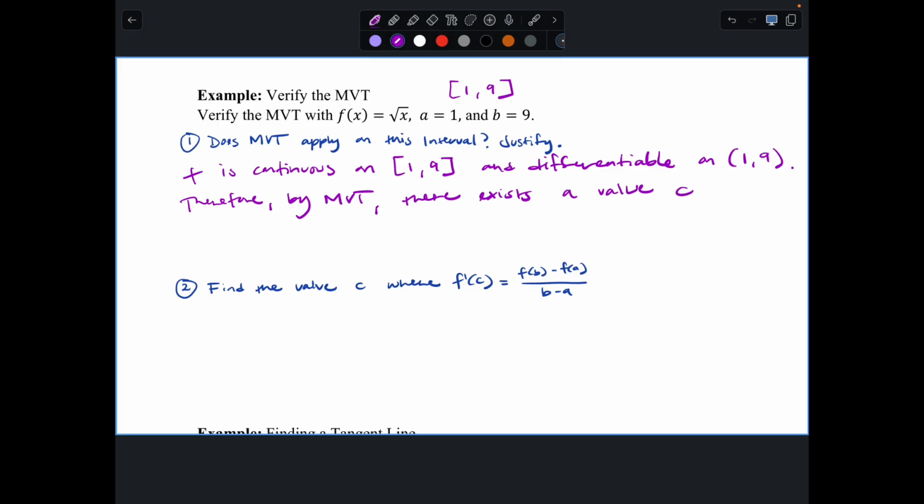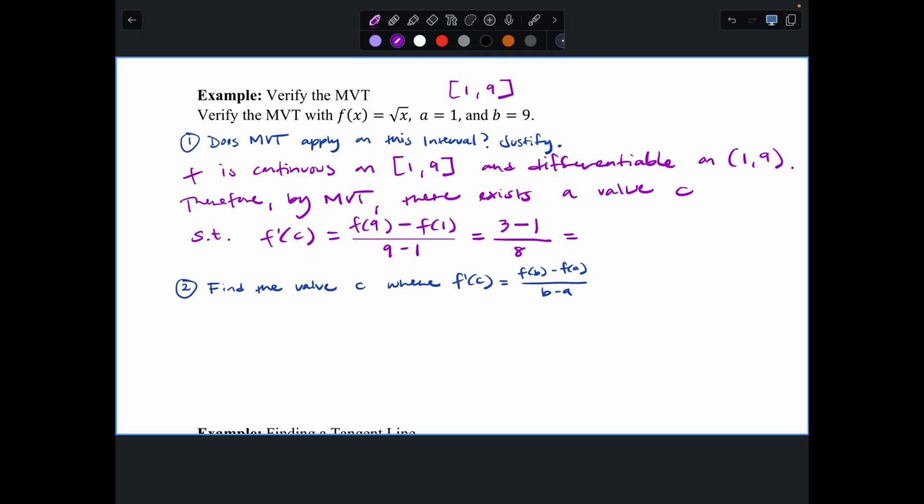C such that f prime of C is equal to f of 9 minus f of 1 over 9 minus 1, which we can calculate, because f of 9 will end up being 3 minus f of 1 is 1, over 8.